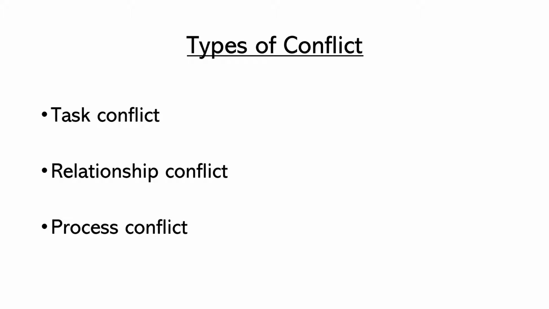Now this task conflict, I can give you a small example. You are in a college and you have a cultural activity that is coming. You have formed a team and everything. Now you have to decide what is to be performed. Whether you have to participate in dancing, singing, or a drama.